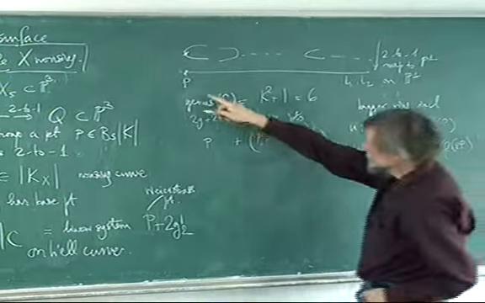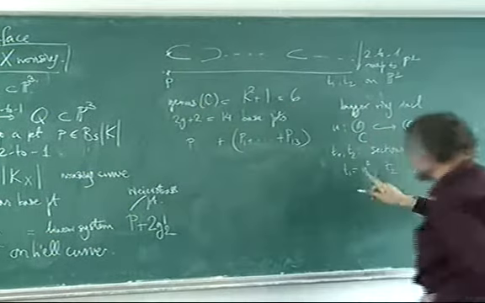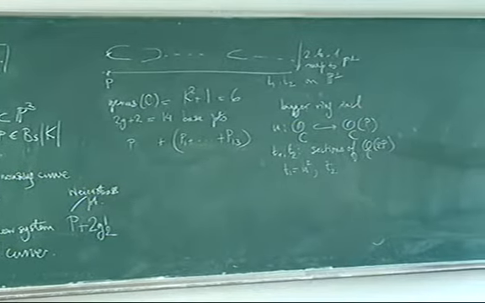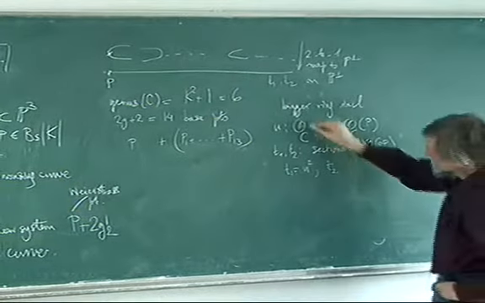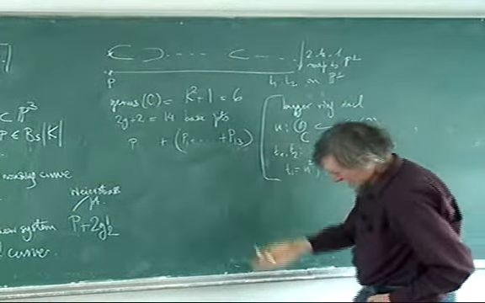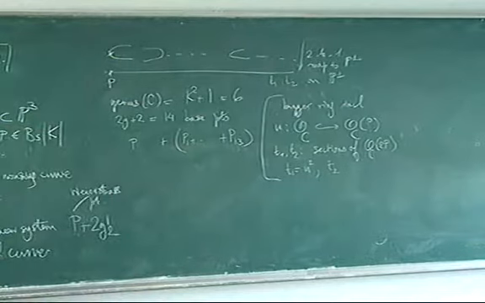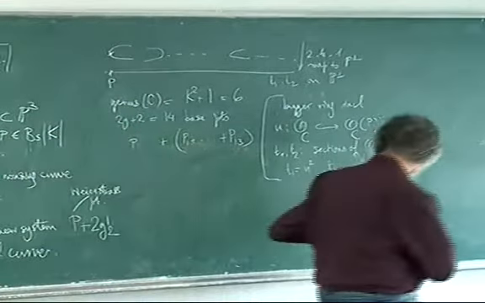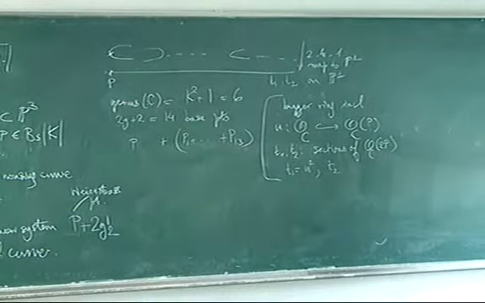So I'm assuming that this is the point where U is 0. And this is a bigger ring. In this game, if you can put your stuff in a bigger ring, the bigger ring is frequently much easier to understand.